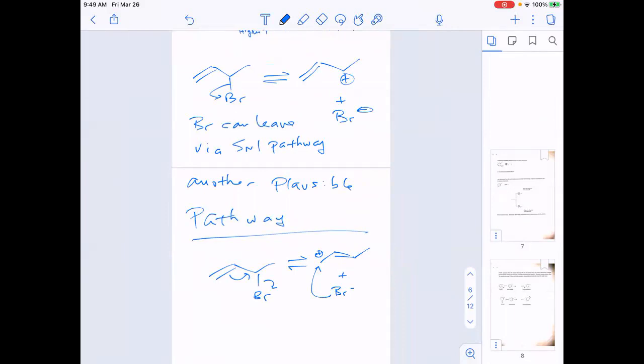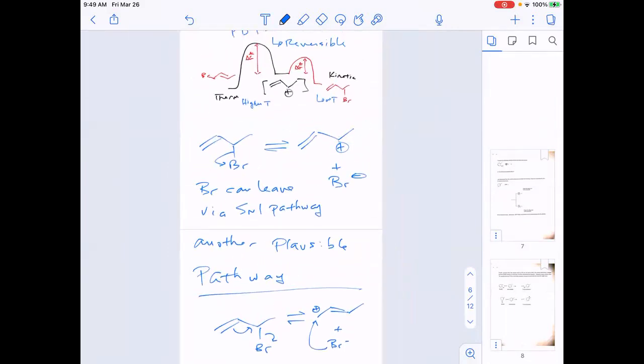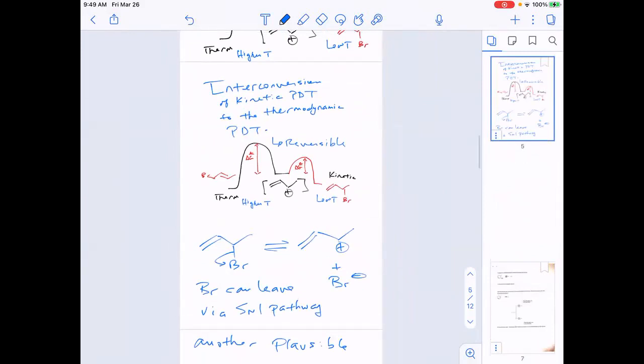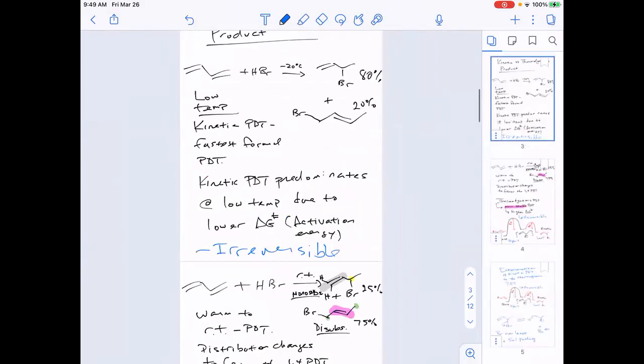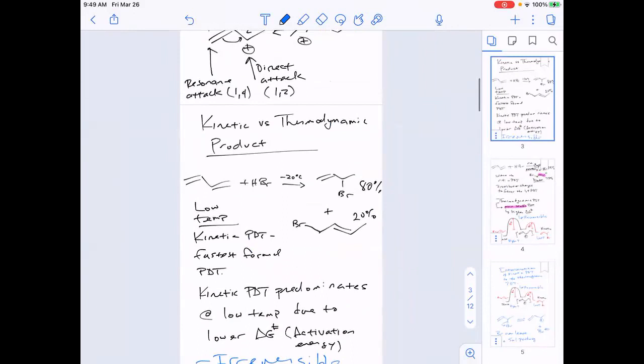Any questions about anything? Let me just recap what we talked about. We talked about electrophilic addition of HX to a conjugated diene. We know that it goes through a common intermediate, the allylic carbocation.